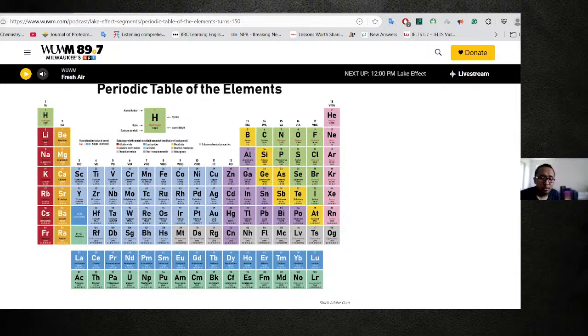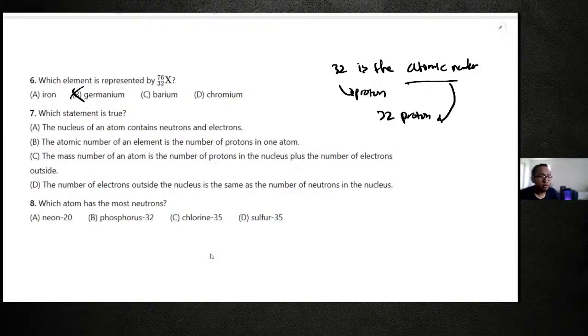All right, and then let's go for another question. Which statement is true? The nucleus of an atom contains neutron and electron. No, electrons should be in the outer layer, outside of the nucleus.